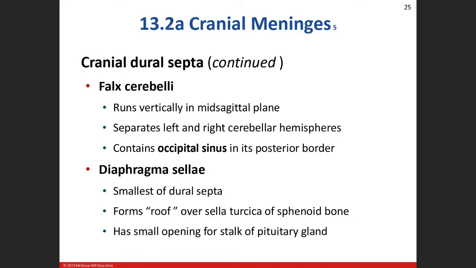Another dural septa is the falx cerebelli. This divides the two hemispheres of the cerebellum, similar to the falx cerebri. The falx cerebelli divides the cerebellar hemispheres, and this is where we see the occipital sinus.